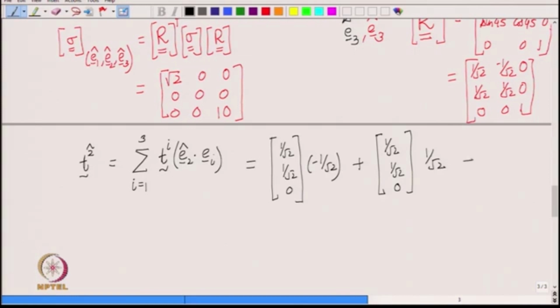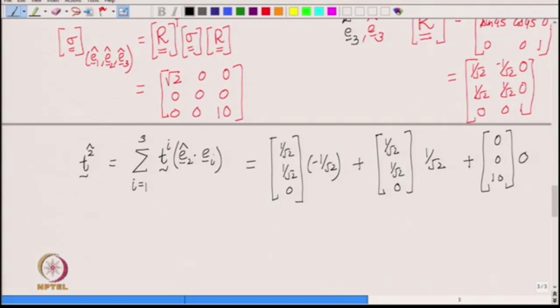Okay. Plus T 3. What is T 3? That is 0 0 10 from your sigma matrix, multiplied with E 2 hat dot E 3. What is E 2 hat dot E 3? R 3 2, R 3 2 is 0. E 2 hat is basically perpendicular to E 3.